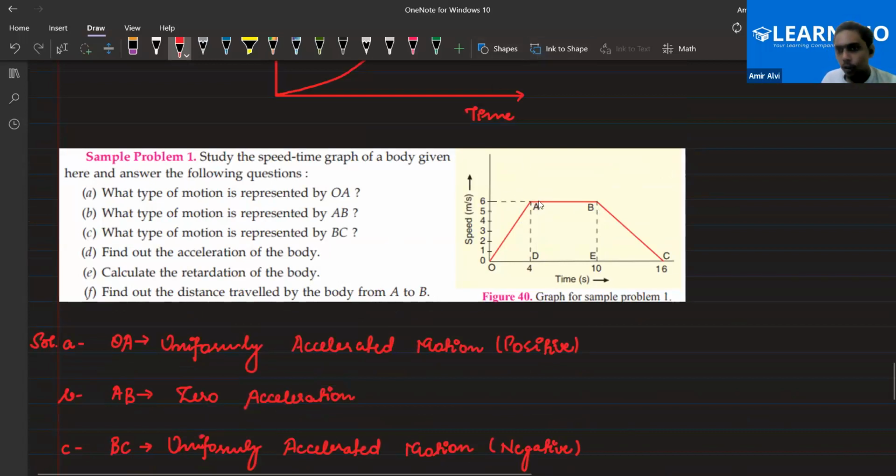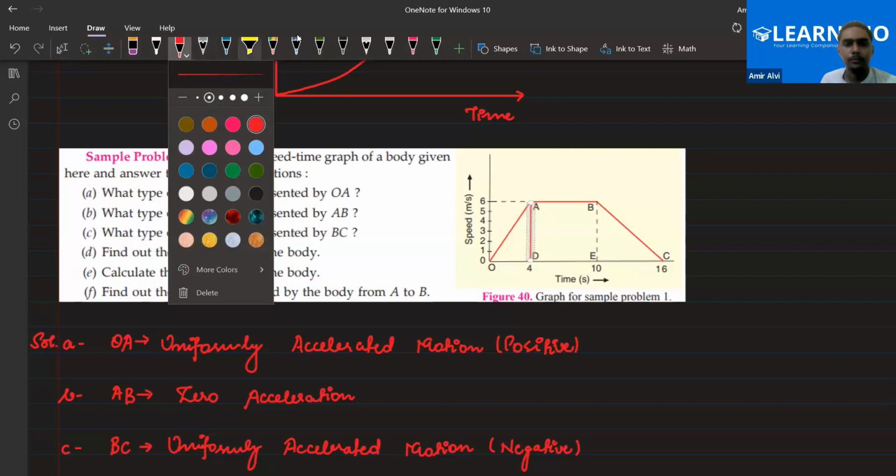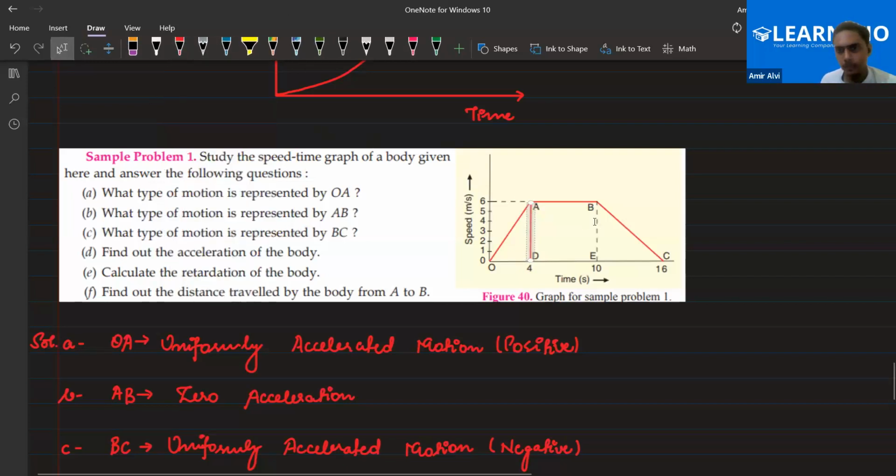Everyone, you can see this. If I draw this line like this, okay.